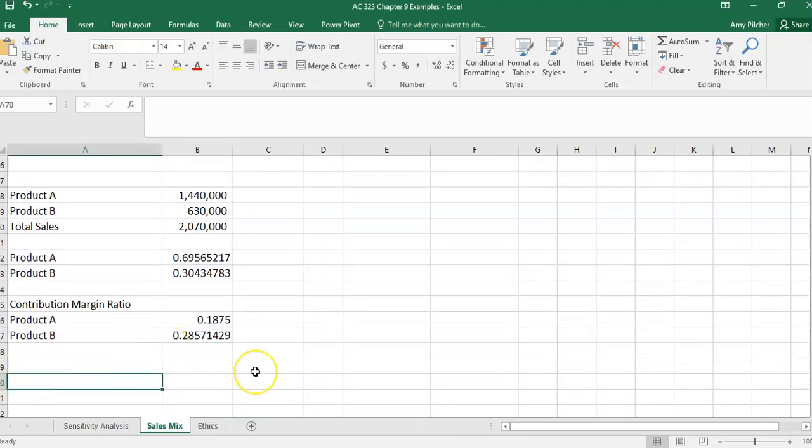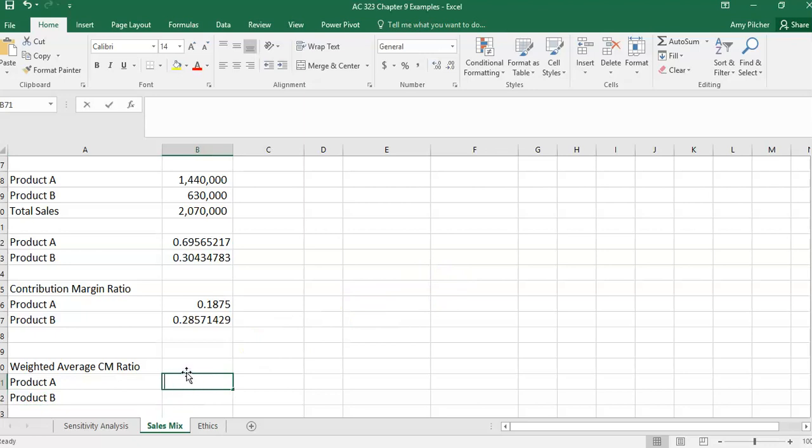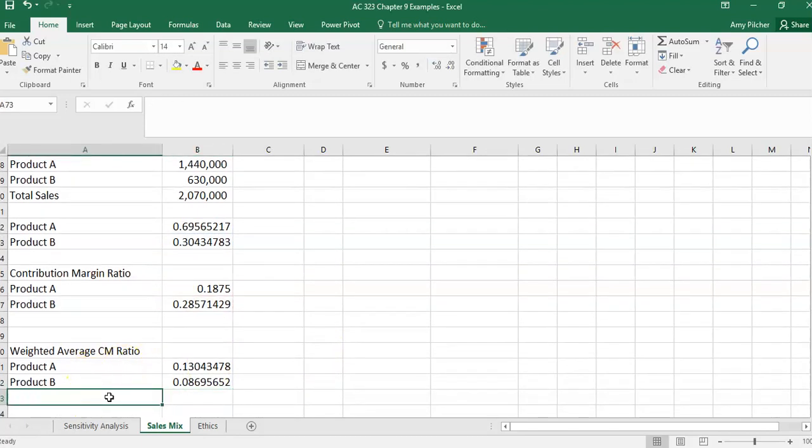Okay. And now to get our weighted average contribution margin ratio, we take the sales percentage weight times our contribution margin ratio for each product and add them together.